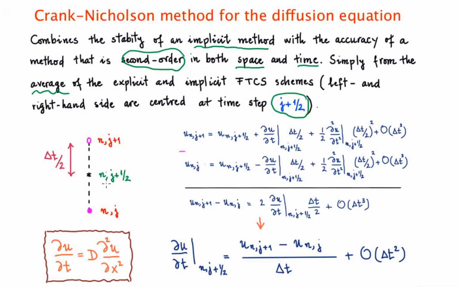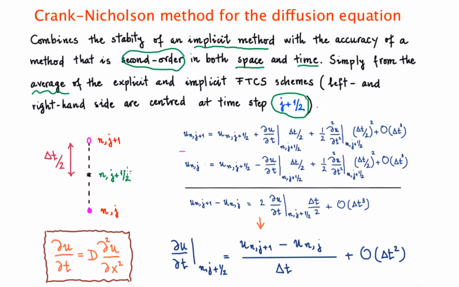In this case, delta t, the time step, is the time difference between these 2 points. We're going to take an intermediate point here with the same index n in space, and the index in time will be just in the middle. We're going to call it j plus 1/2, so that the time step from here to the next point will be half of delta t, delta t over 2.